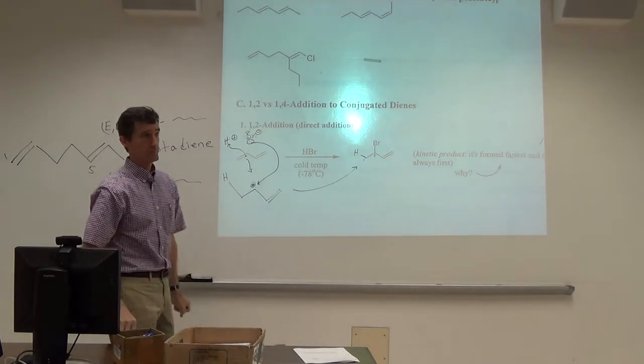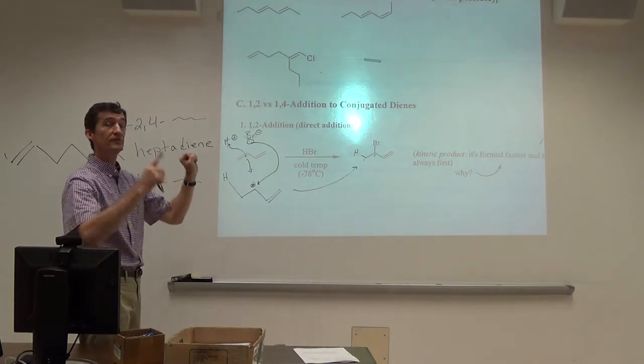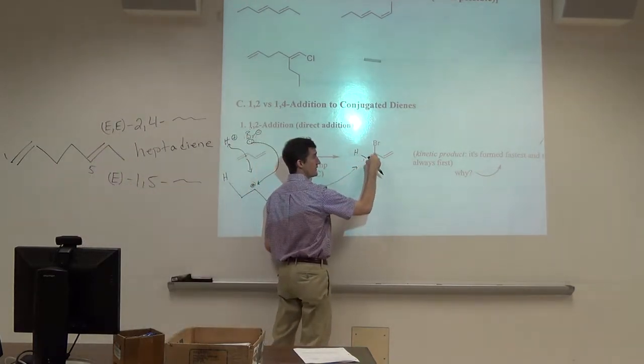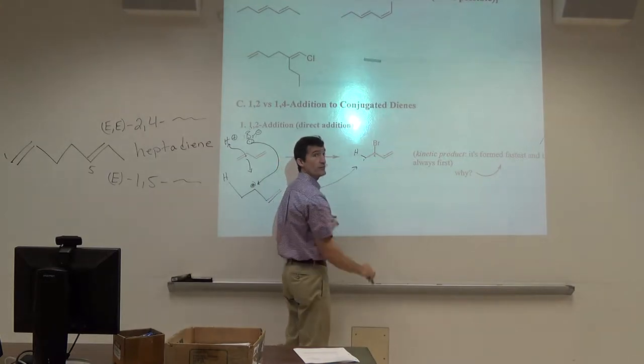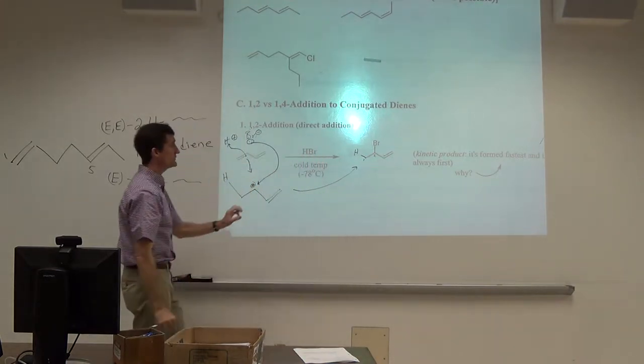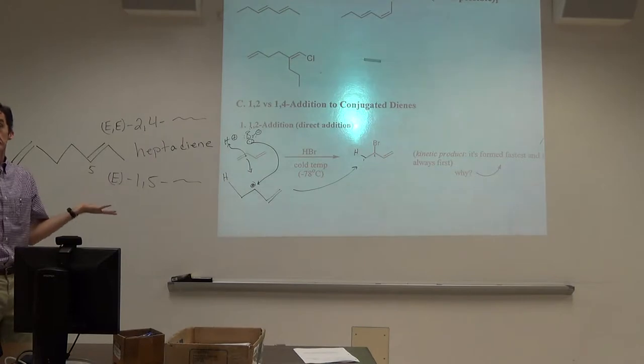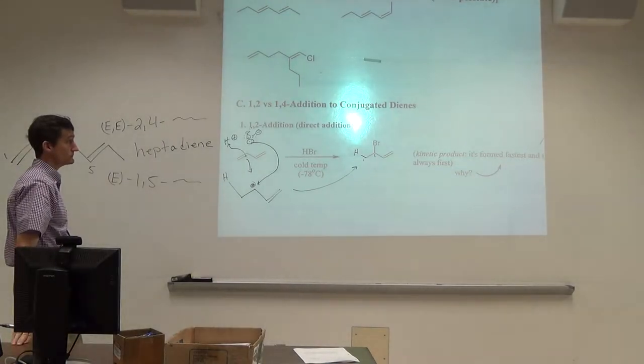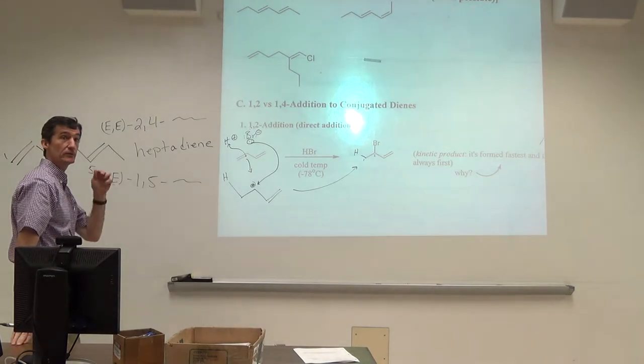1,2. Later on, we're going to see 1,4, where the H is here and the bromine ends up not on 2, not on 3, but out here on 4. This is a 1,2 addition, also called a direct addition. Good old standard addition like we've been doing for a month.